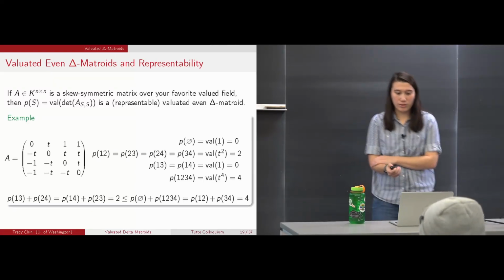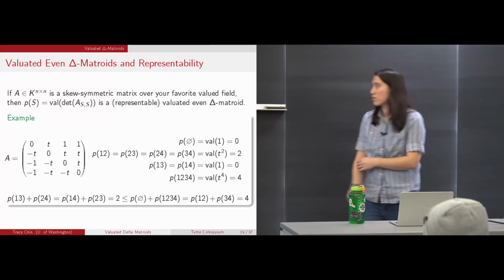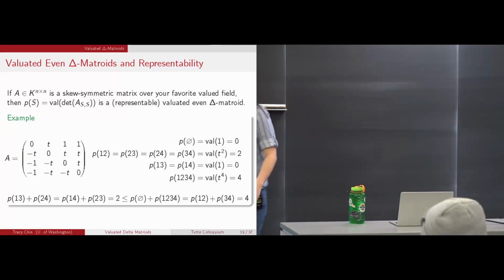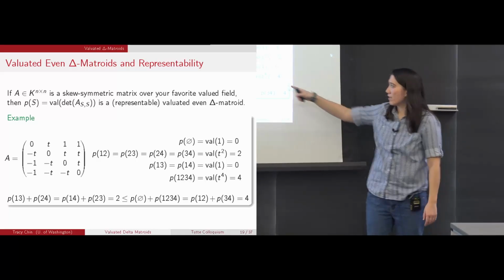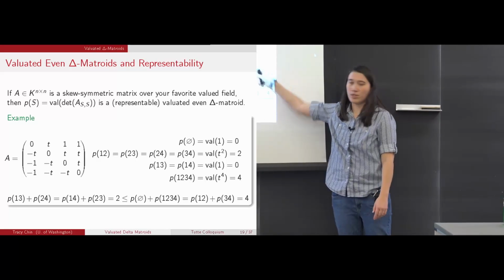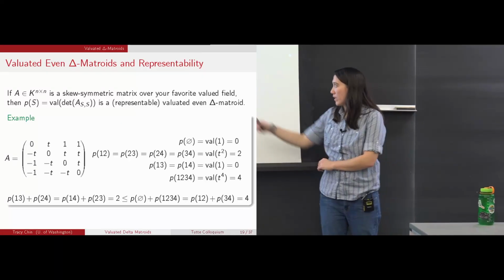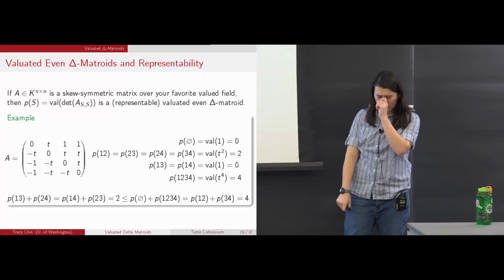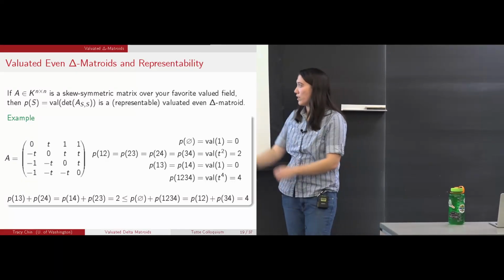So for example, if I take this skew symmetric matrix, the empty set always has determinant 1, so that's valuation 0. You can check that these have determinant t squared, which gives valuation 2, that these two have determinant 1, which is valuation 0, and then finally the whole thing has determinant t to the 4th.